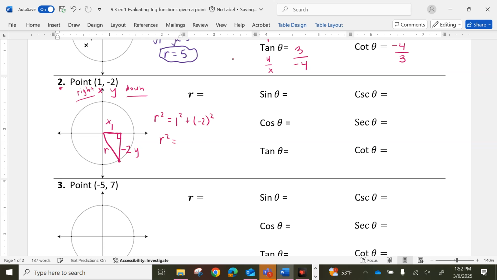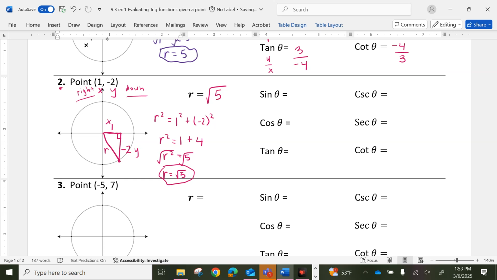So here r squared is going to be 1 plus positive 4. R squared is equal to 5. And then I'm going to square root 5. I cannot simplify the square root of 5, so it is just going to stay root 5. So our r is root 5.